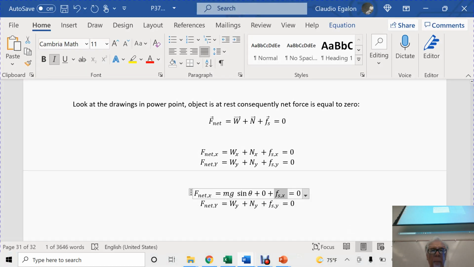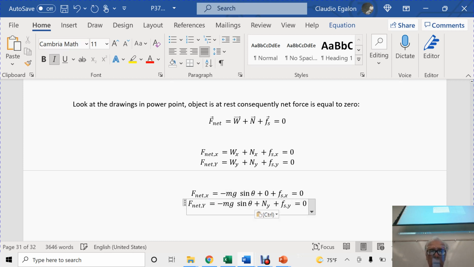Then the y component is going to be, in its integrity, equal to n. And there is no y component for the force of static friction.